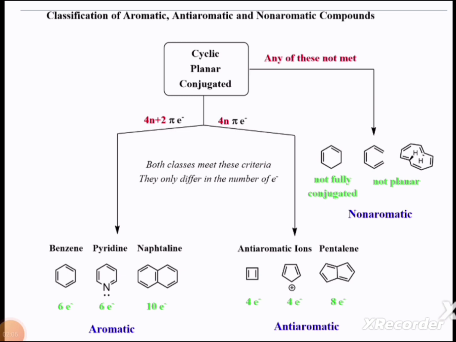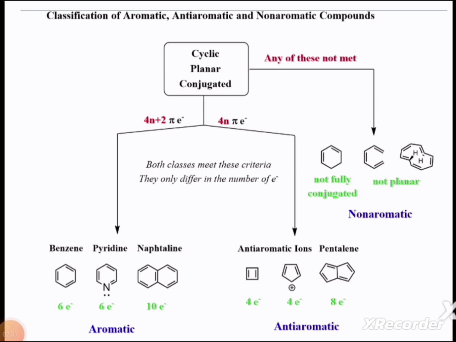So cyclic, planar, conjugated, with 4n plus 2 pi electrons, these are aromatic compounds. Both classes meet these criteria; only 4n plus 2 pi or 4n pi electrons will differ. 4n plus 2 pi electrons is aromatic, 4n pi electrons is anti-aromatic. If any one or any two of the four conditions fail, then this will be a non-aromatic compound.